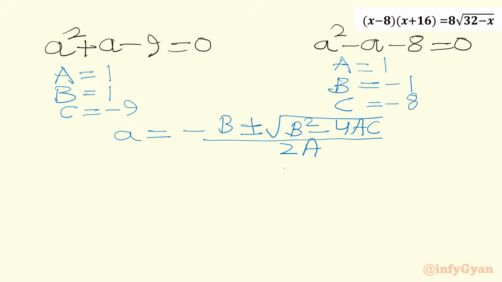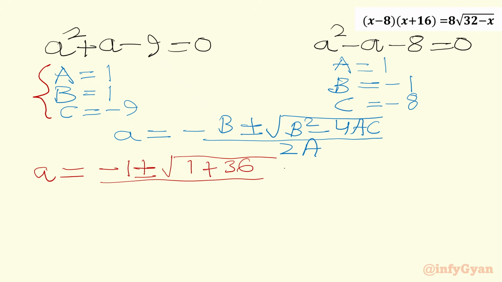We will get a equal to, from the first equation we have A, B and C. Let's plug in. We will get −1 plus or minus the square root of 1² is 1, minus 4 times 1 times −9 plus 36, over 2 times 1, which is 2.